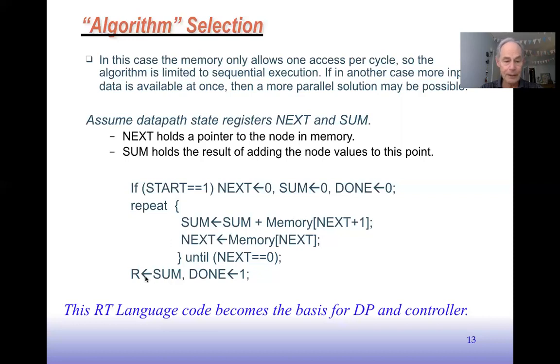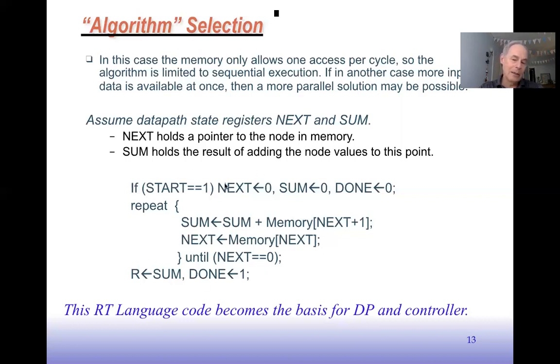Okay. And then at the very end, sum gets passed out through R, and done gets set to 1 to indicate that the computation is done. So this is a description in our register transfer language, and it becomes the basis for the data path and for a controller that can execute this computation.